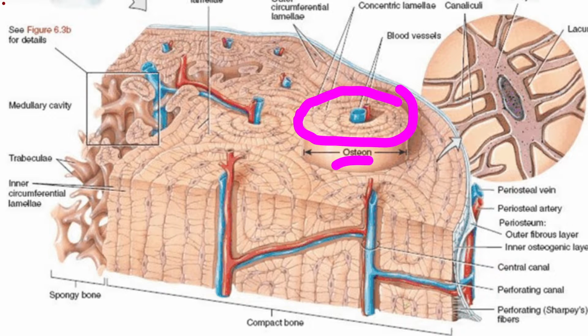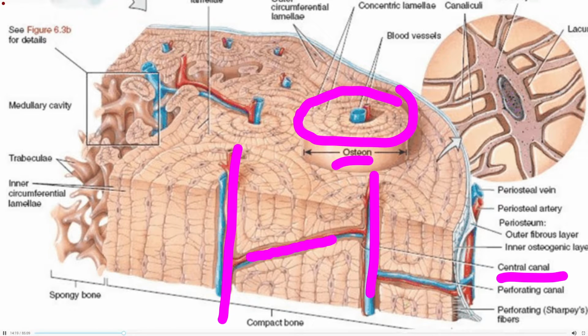In the center of each osteon is the central canal or Haversian canal. And they've labeled it here. Then the canals that run parallel are called perforating canals or Volkmann's canals. They label it here.